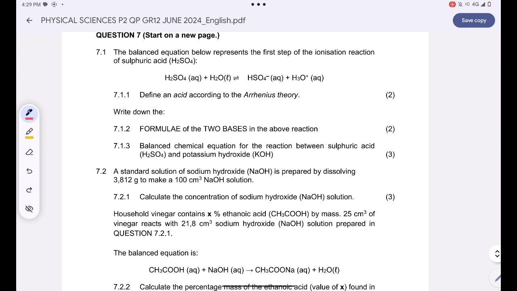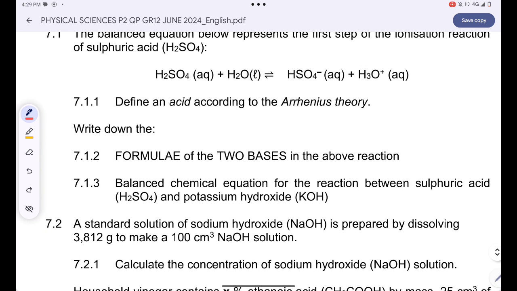So there will be a step after this, and that step will simply be HSO4 minus plus water, which will end up giving us SO4 2 minus plus H3O plus. It's diprotic, which simply means it donates a proton twice.